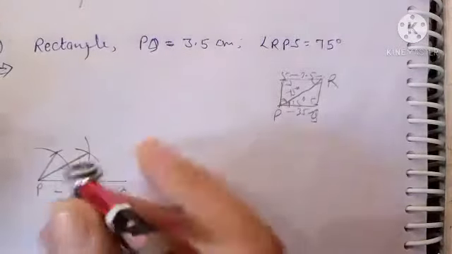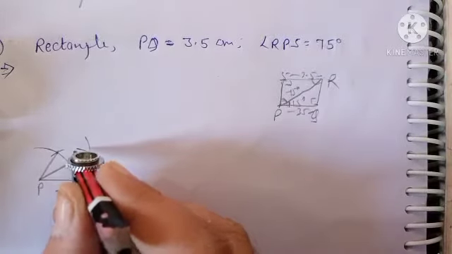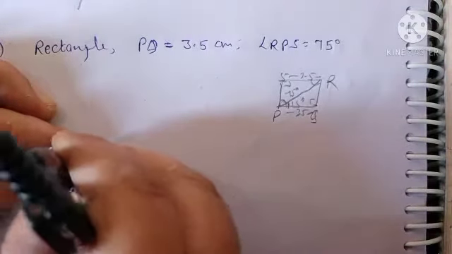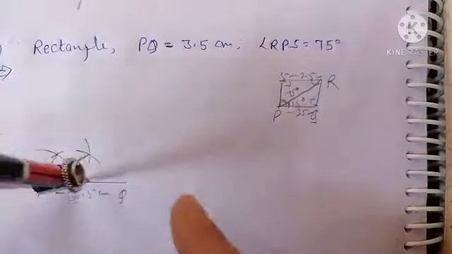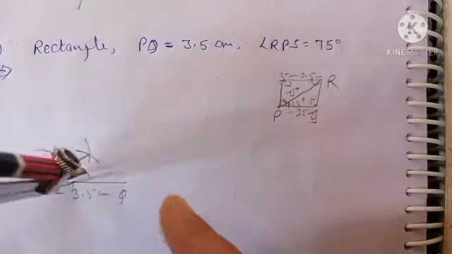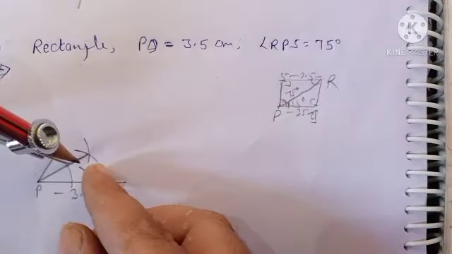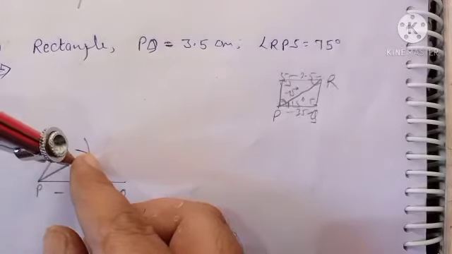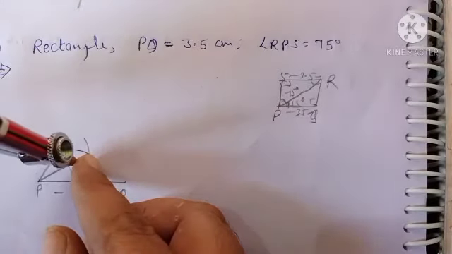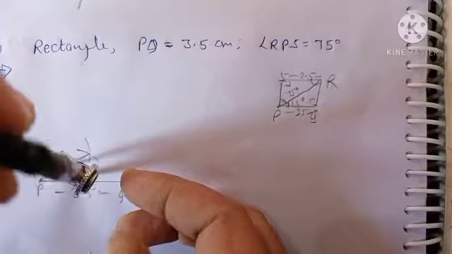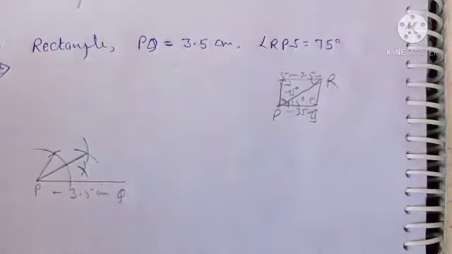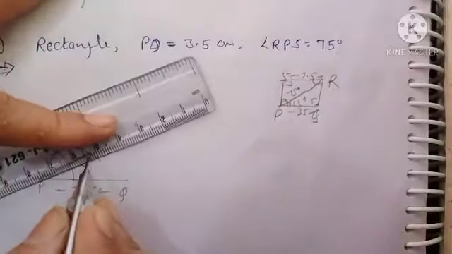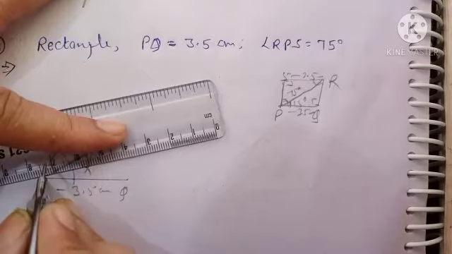Okay, now half of this, we will draw an arc here and we will intersect this arc. Okay, now we will join this point of intersection to P.